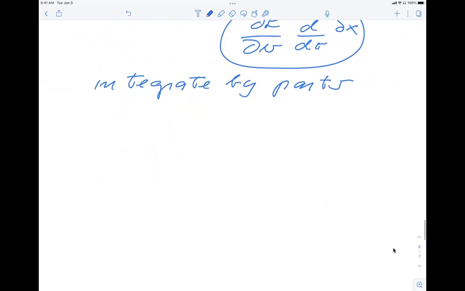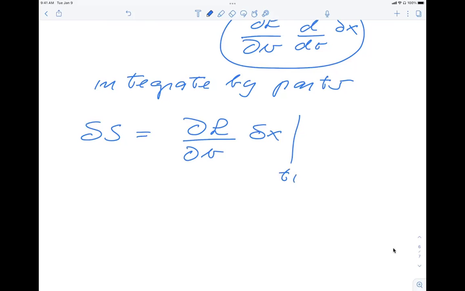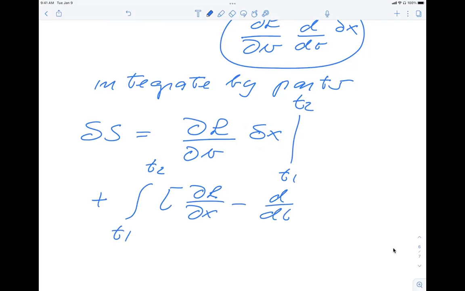We are going to have a delta S, by integration by parts, which is given by delta L of delta v, and then a delta x taken from the limits of t1 to t2, and we know that this quantity is equal to 0 at these limits, plus an additional integral from t1 to t2 of delta L, delta x minus d dt of dL dv, multiplied again with delta x multiplied with dt.